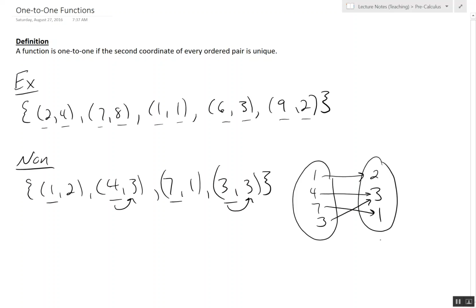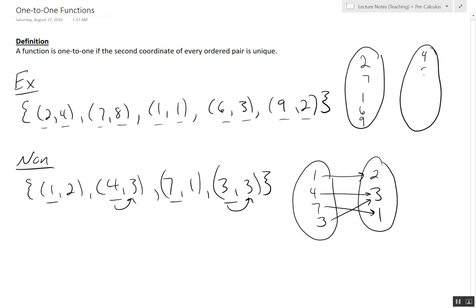So this is an example of a function, whereas up here, in the one-to-one function, we'll have a 2, a 7, a 1, a 6, and a 9, and we have a 4, 8, 1, 3, and 2 in the range. And notice that in a one-to-one function, you have a unique arrow coming out of each domain element, but you also have a unique arrow going into each range element, and that's what it means to be one-to-one. So each one of these gets paired with exactly one of these.